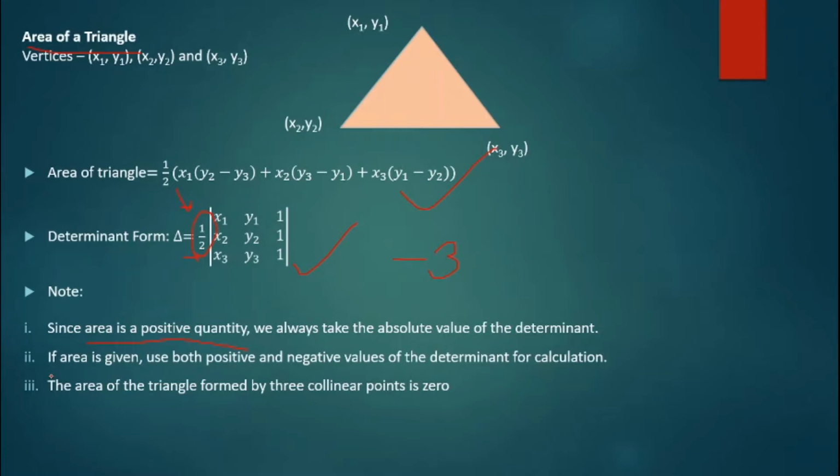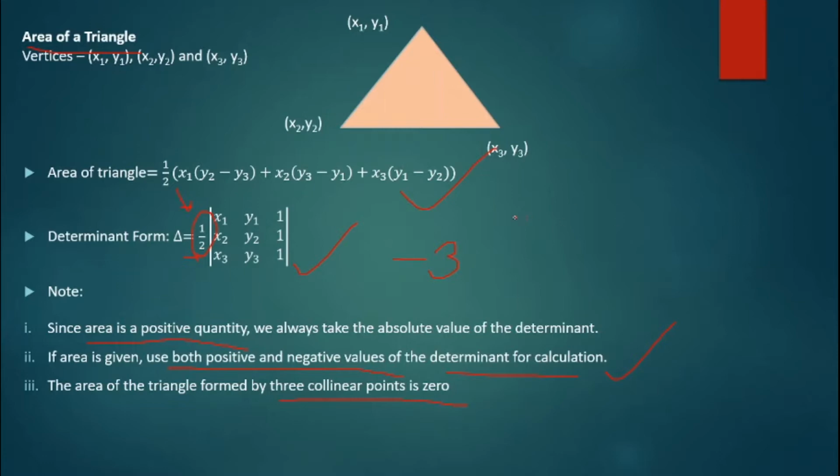Second point, if area is given, use both positive and negative values of the determinant for calculation. While solving the problem, I'll explain this more clearly. Area of a triangle formed by 3 collinear points is 0. This you have learnt in your junior class. Collinear points are points lying on the same line.